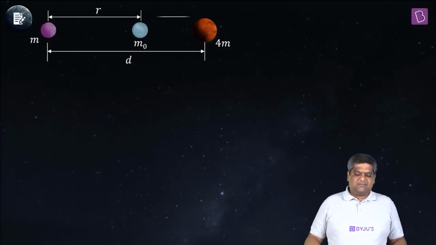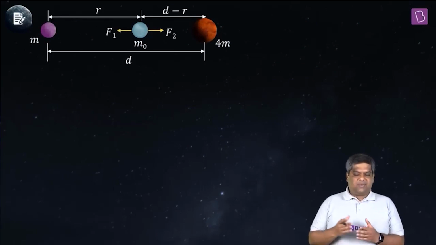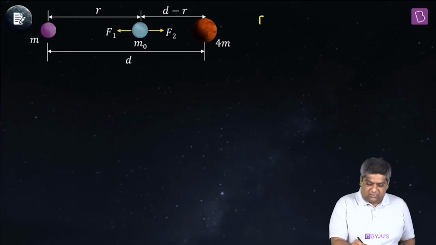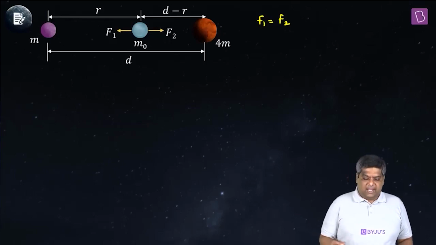So this is everything that we have discussed up until now. And for the net gravitational force on m0 to be 0, the magnitude of F1 must be equal to the magnitude of F2. F1 is the gravitational force of attraction between m and m0.